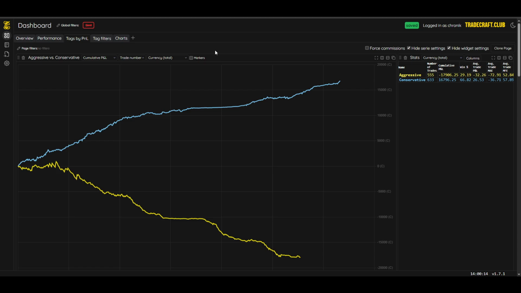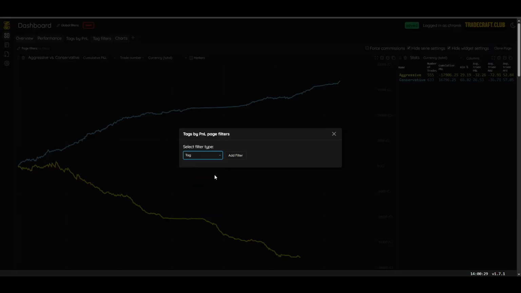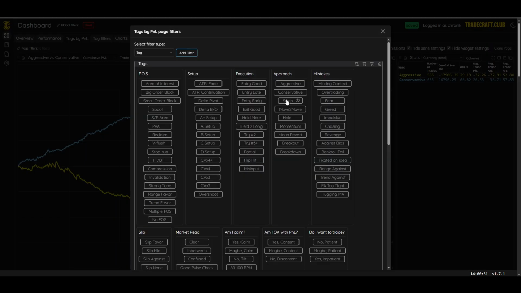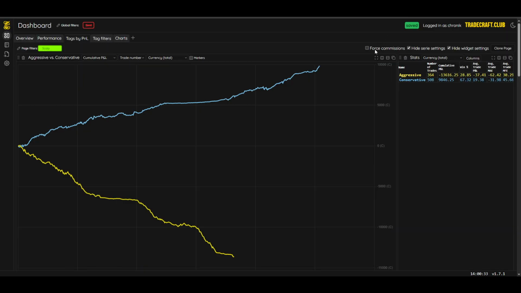I want to look at all the trades, see if there's any weirdly large losses. No more. Okay. So this gone down to 25. I think this fixes some of that problem.